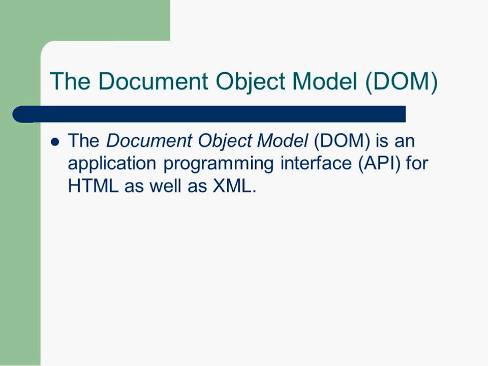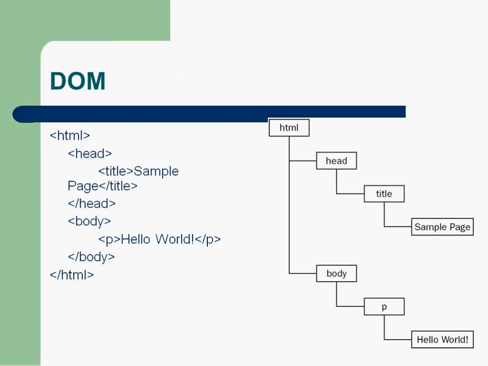Okay, and we talk about JavaScript. JavaScript actually runs inside a browser, and when the page is loaded it becomes a document inside the browser, and everything gets converted into objects in a hierarchical manner, just like a tree structure.